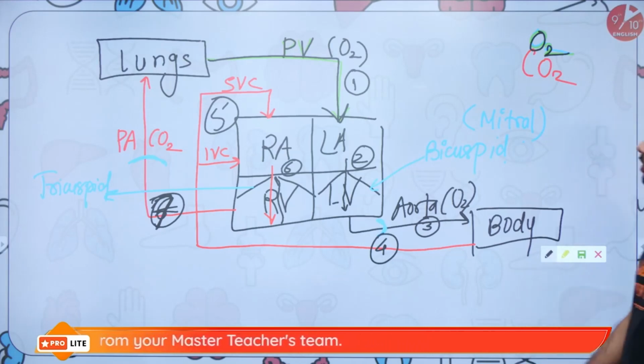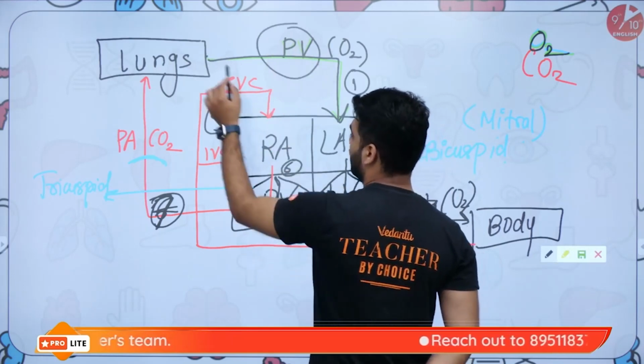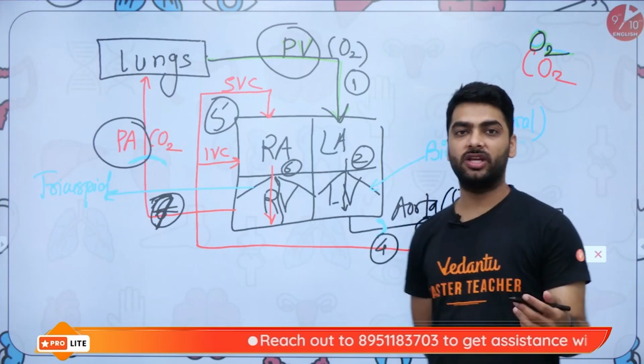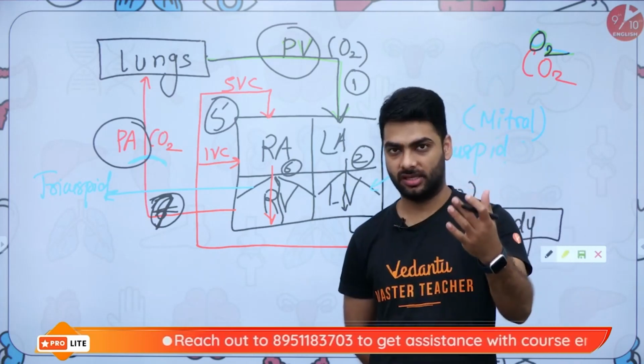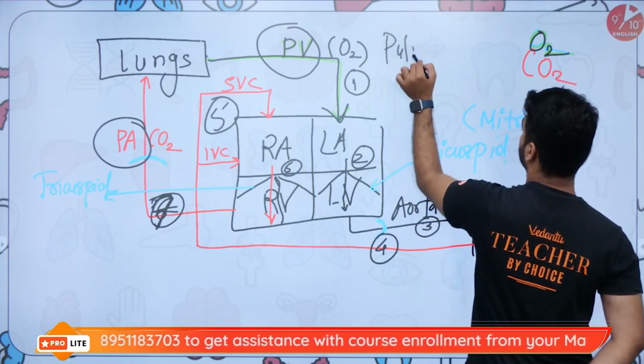Now, if you see over here, lungs to heart is pulmonary veins, heart to lungs is pulmonary artery, and that is why the circulation between lungs to heart, heart to lungs is called pulmonary circulation.